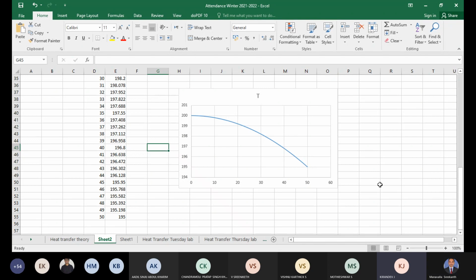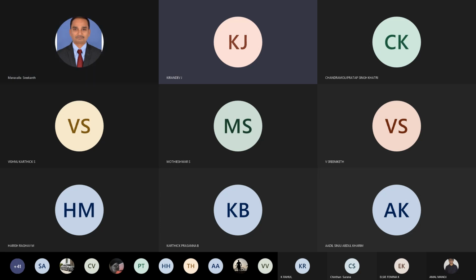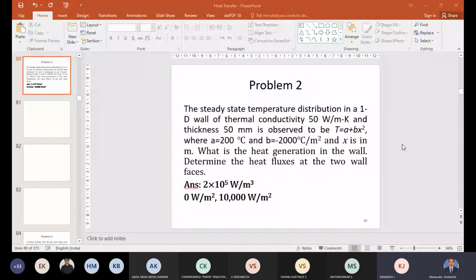So depending on that, the temperature profile may start here, but still you see at the midplane you will still have that dT by dx is equal to 0. So if you plot the temperature profile, you will have an understanding of how things look, how the temperature looks like.